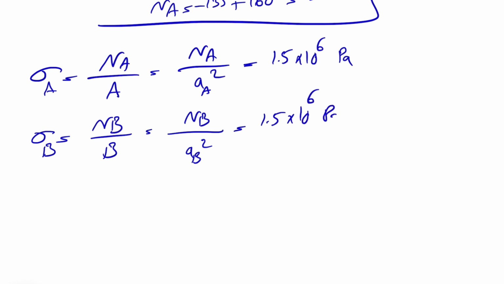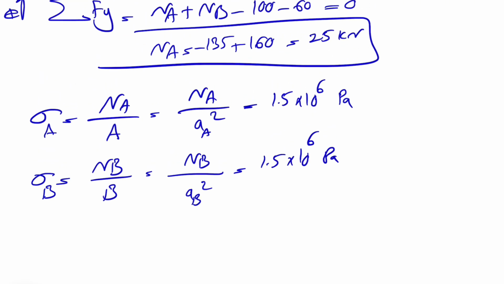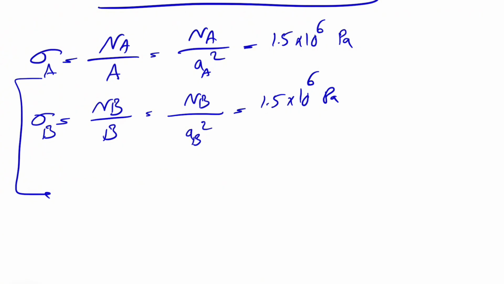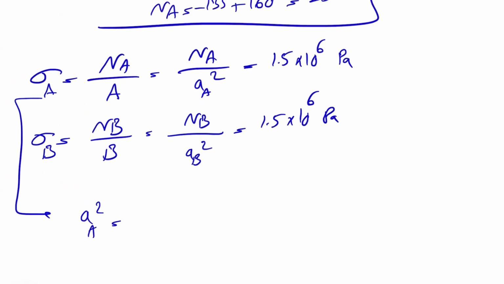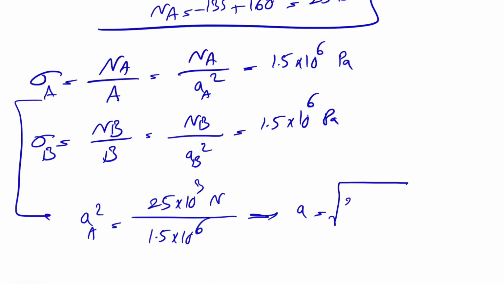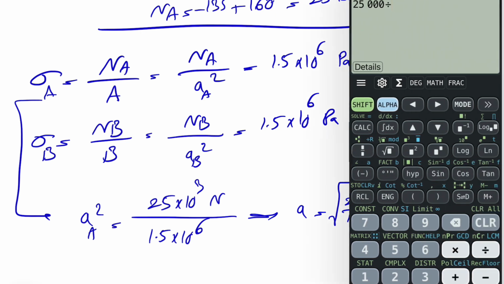From the previous step, we already found NA and NB, and we can easily find the area in each. So let's start with the first one. It would be the force of NA, which is 25 times 10 to the 3 Newton, since we have kilonewton, divided by 1.5 times 10 to the 6. So our a would be the square root of 25 over 1.5 times 10 to the minus 3.